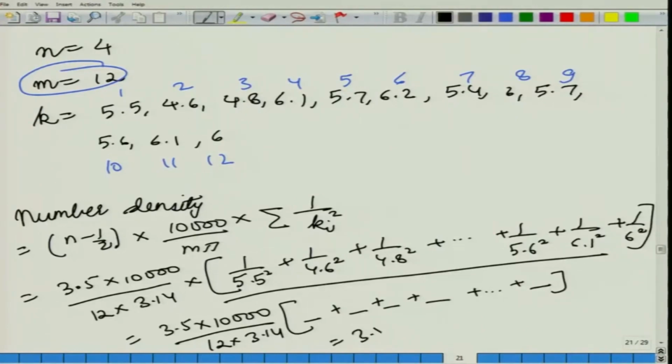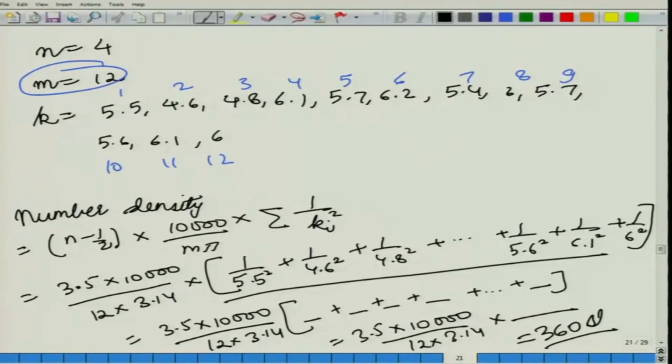So, you will write it as 3.5 into 10,000 over 12 into 3.14 into this value, which is equal to the value that you get. So, when you do all these calculations, you will get a value of 360 stems per hectare.